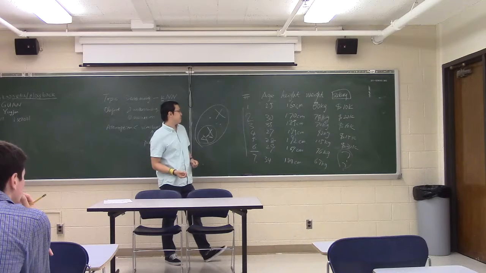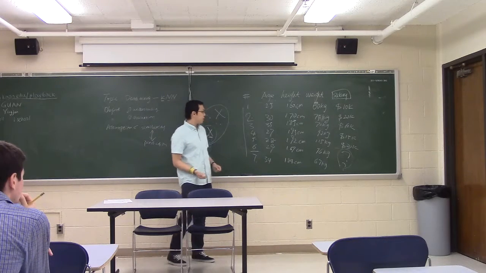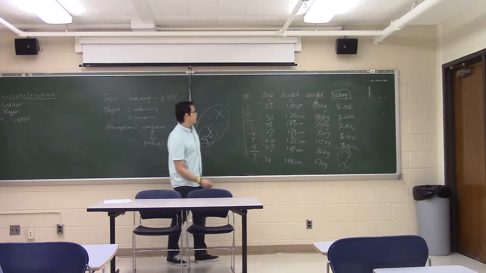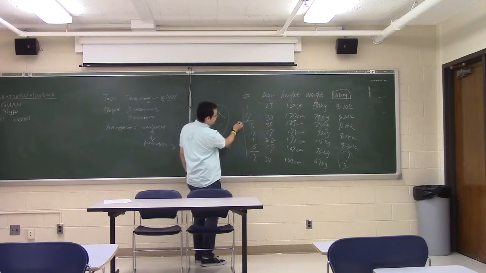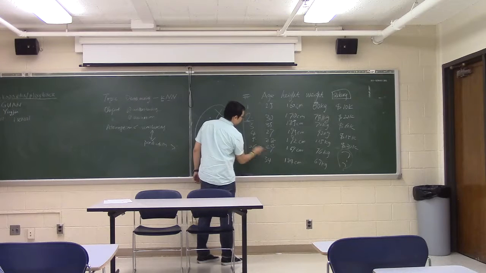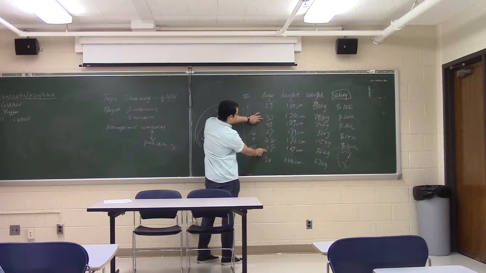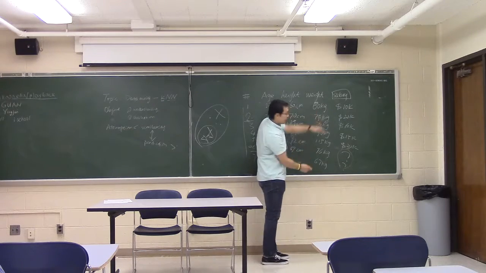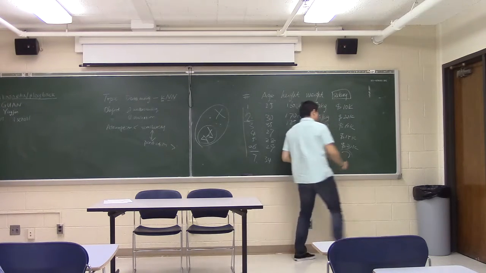Can anyone find the closest agent? Number 2. Okay, for number 6 who is 29, there's 30, which is close. So our prediction is 20K, right?